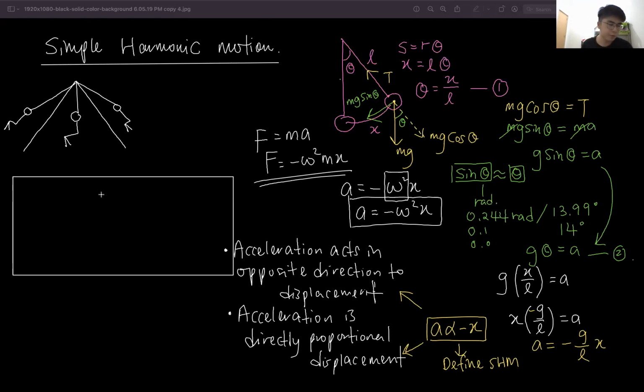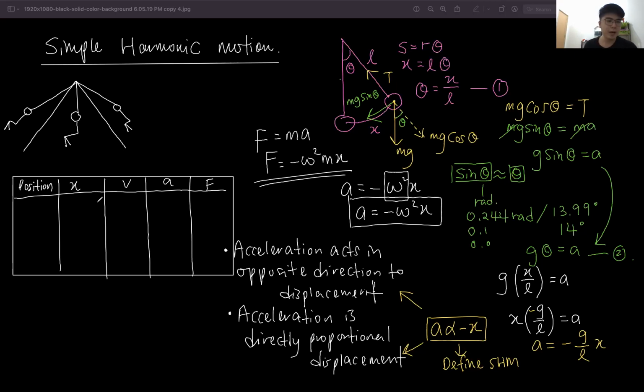Okay, so you do a table, and then you write position over here. Write position, and then we do one column for the displacement, one column for the speed, one column for the acceleration, and one column for the force, just to see how this changes when the object vibrates, okay?